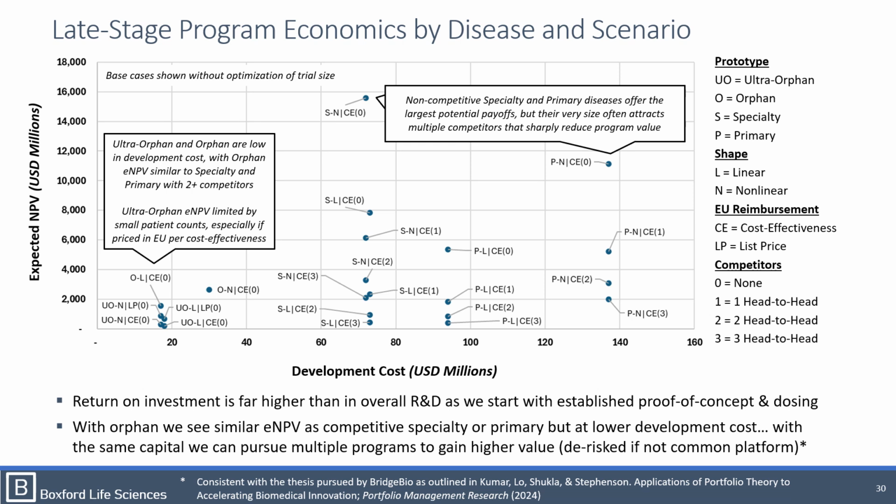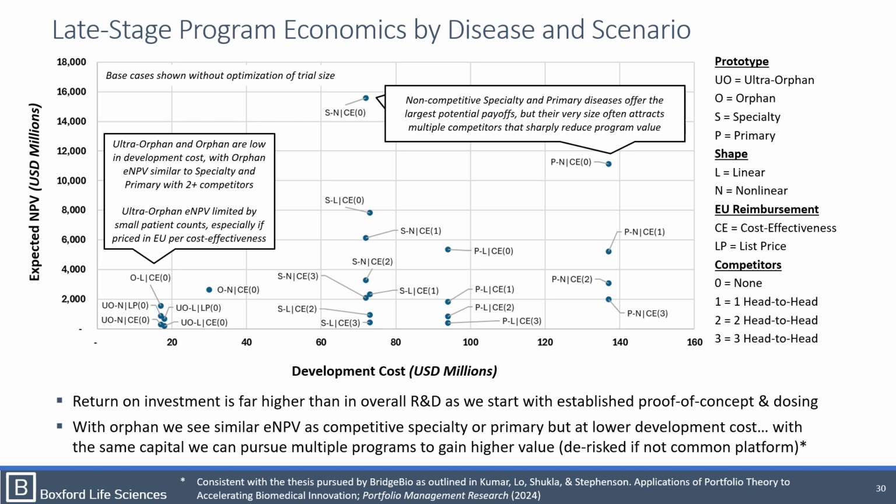That can really impair the value to any one of those entrants of a program that's launched in that disease. By far the best thing is to have a big specialty or primary disease and to have it to yourself because you're printing money, right? That's where you get the expected net present value above $10 billion. Mega blockbusters, huge successes. There's only a handful of those in the industry.